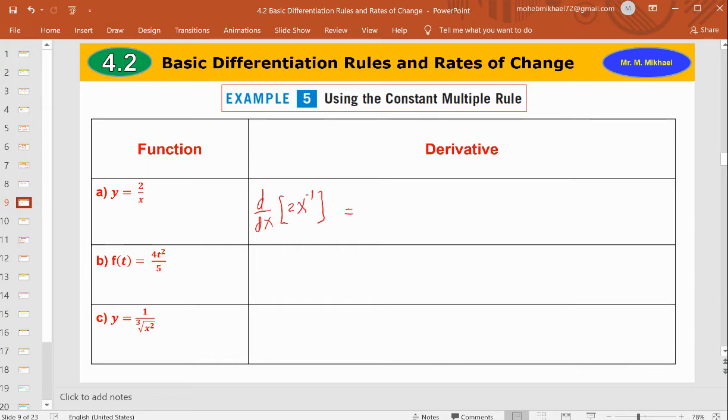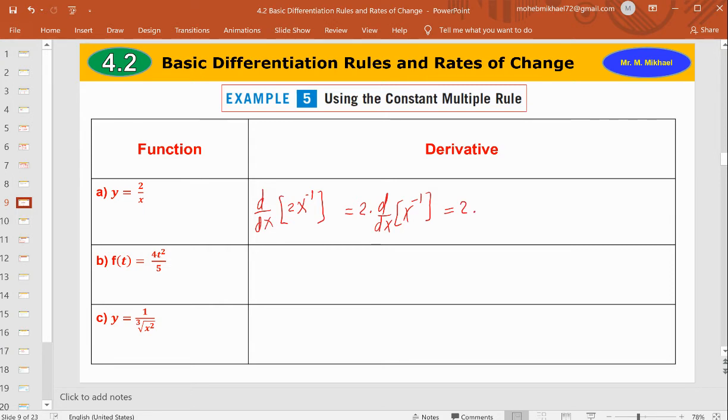Now, guys, let's apply the constant multiple rule. Whenever you have a variable or a function multiplied by a constant, you can get this constant outside. So this is 2 times the derivative of x to the power negative 1. Now, let me copy this 2 and get the derivative of x to the power negative 1.